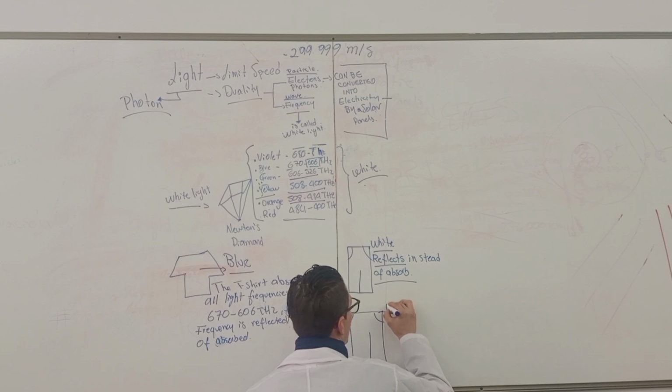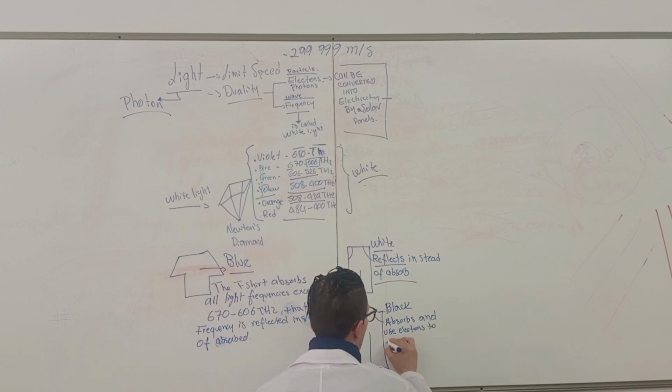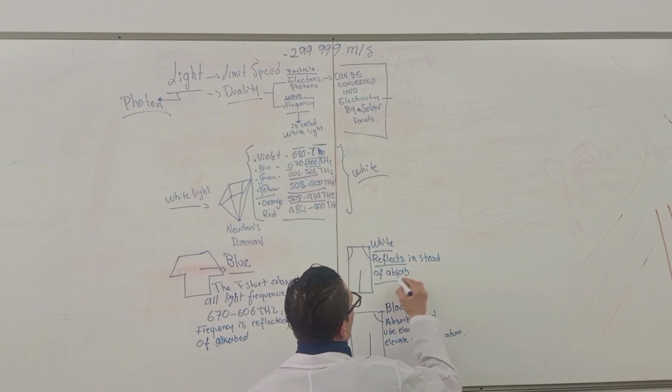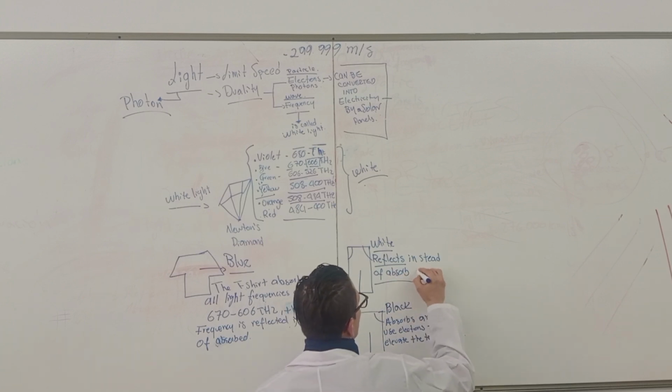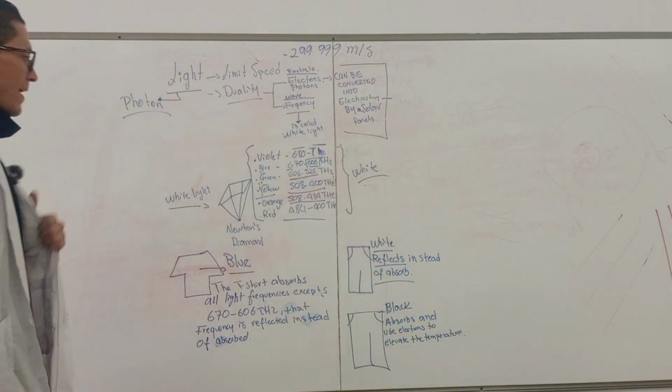If the black absorbs and uses electrons to elevate the temperature. Reflect instead of absorb. Okay? Then in this case, it's pretty simple.